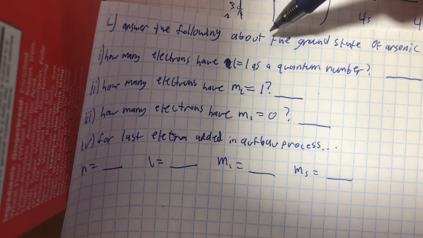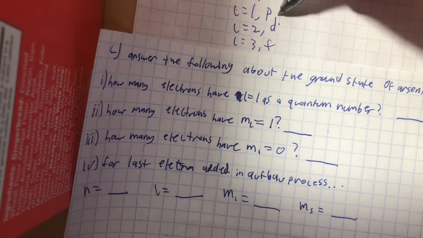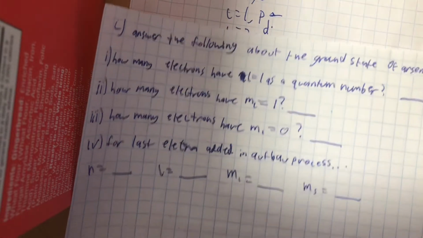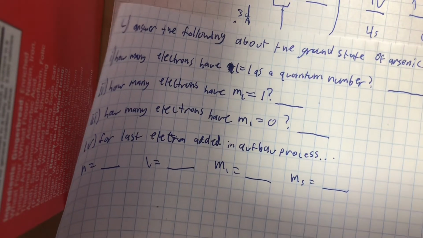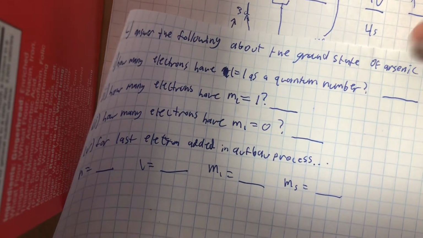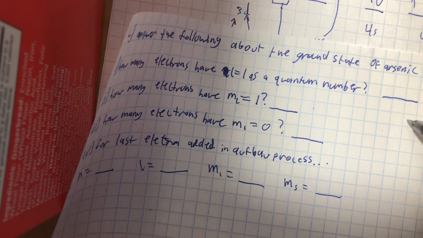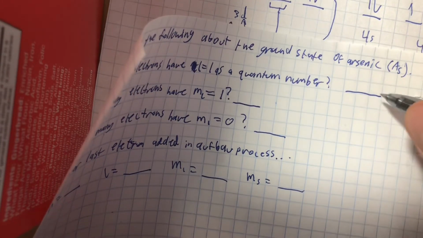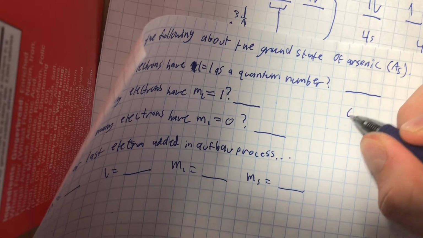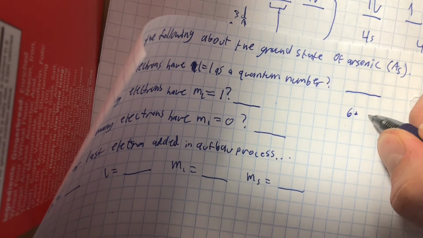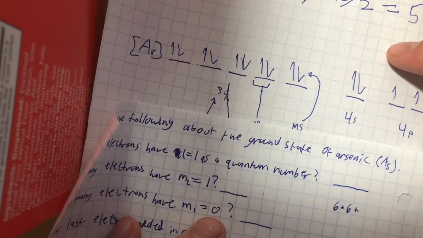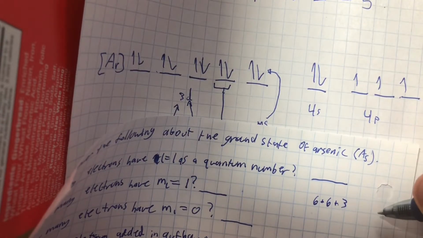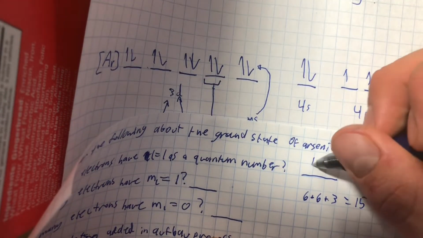Remember, L equals 1 just corresponds to the p subshell, so basically they're just asking how many electrons are there in p subshells in arsenic. So there is the 2p subshell, that's 6, plus the 3p subshell, 6, plus the 4p subshell, which is only half full, that's 3, so that equals 15, and that is our answer.